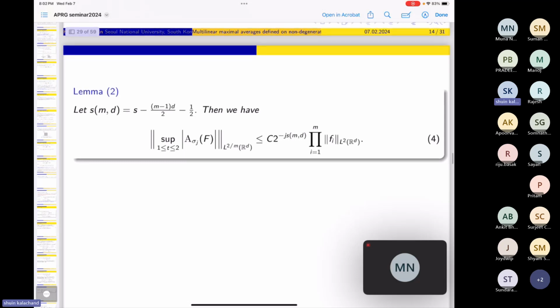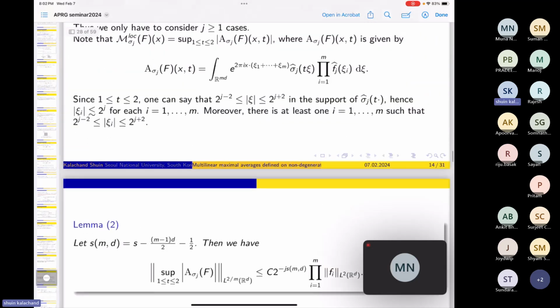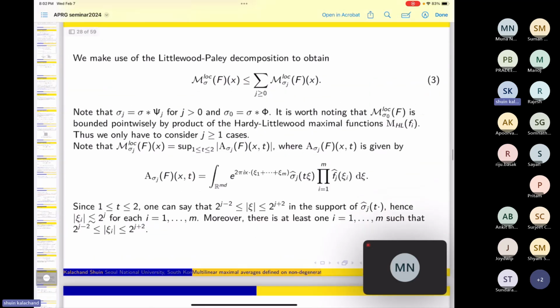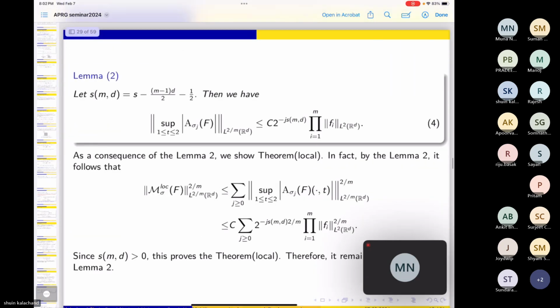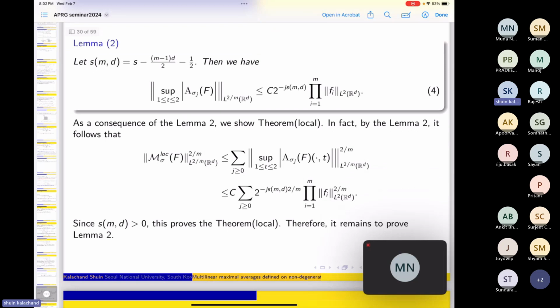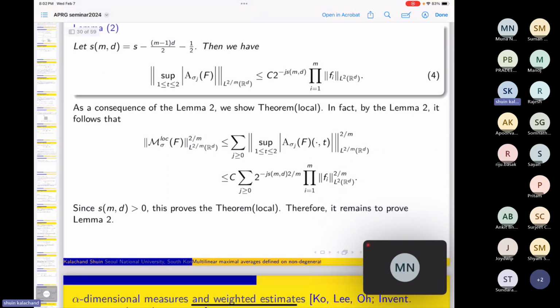Now for the moment, if we assume this estimate, this lemma, then we can prove the estimate for this local maximal function. How? Because if we assume this lemma 2, then you see the L2 norm of M_loc sigma is dominated by the sum over j of the L2 norms of these operators.